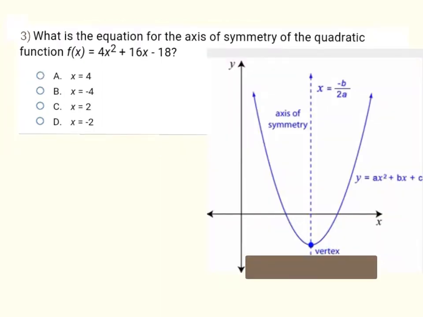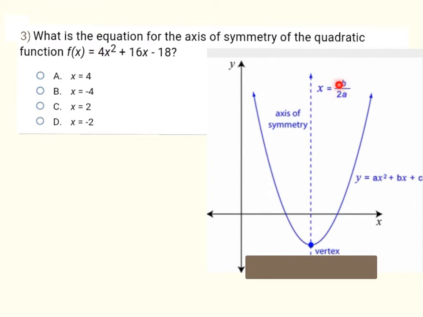The next features we're going to look at how to calculate are the axis of symmetry and the vertex. For the axis of symmetry, we have this formula here. It's going to be x equals -b over 2a. The b number is the number in front of the x, and the a number is the coefficient in front of x squared.